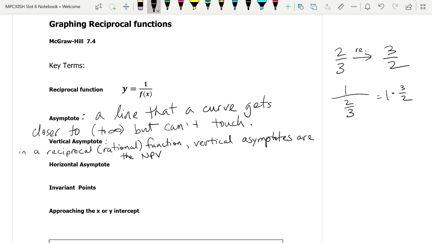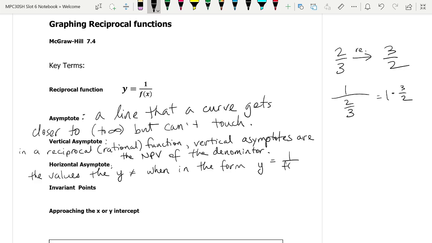The non-permissible values of the denominator. Horizontal asymptotes are the values that y can't equal when in the form y equals 1 over f of x.